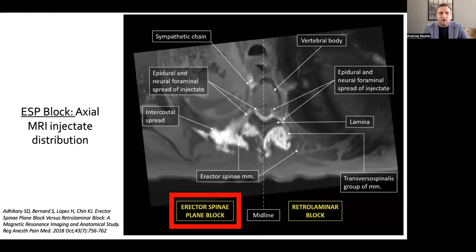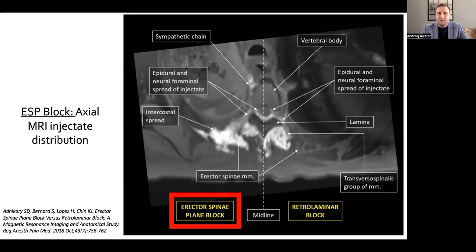Here's MRI imaging showing the spread of injectate into the paravertebral space and towards the neuraxial space. And this is to explain the additional benefit that these erector spinae plane blocks have in terms of providing anterior lateral coverage.